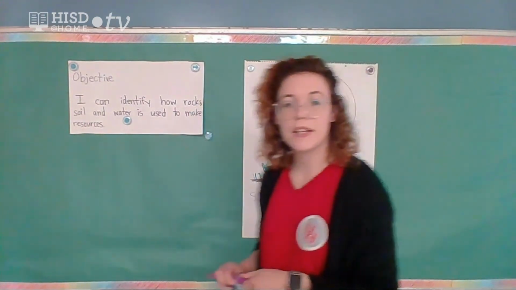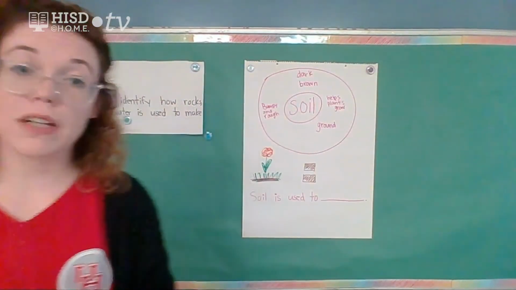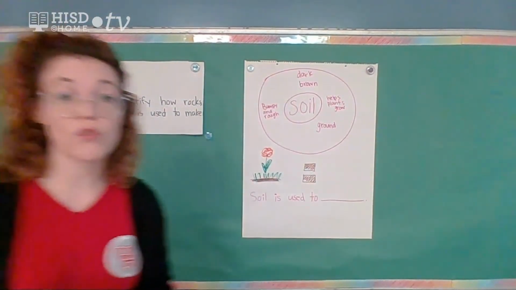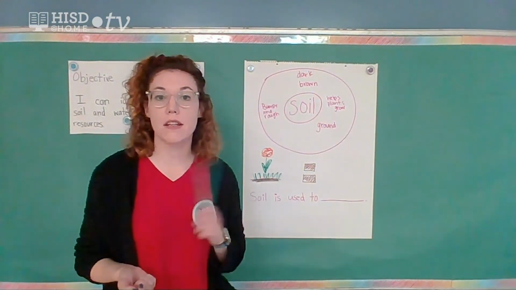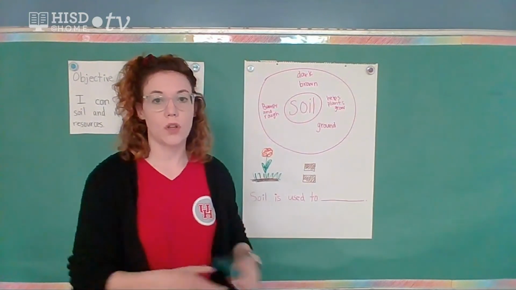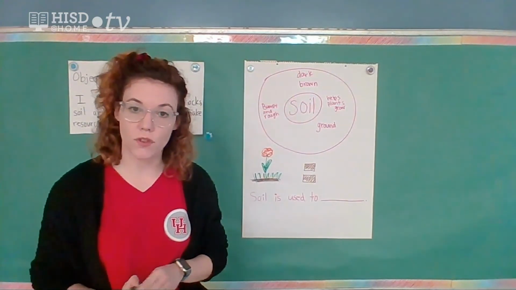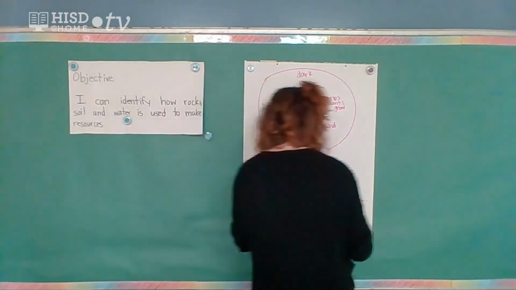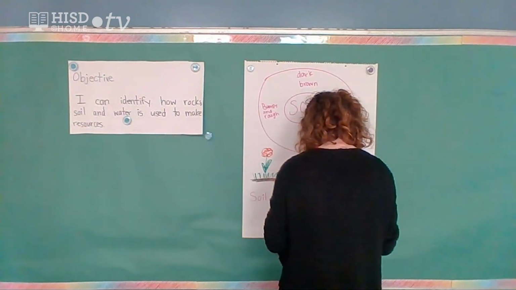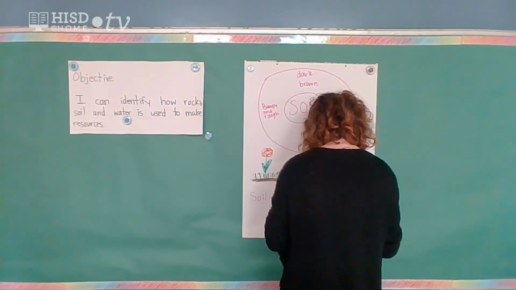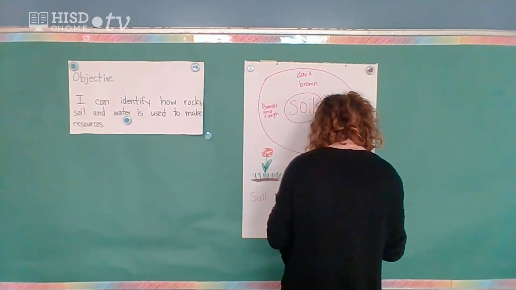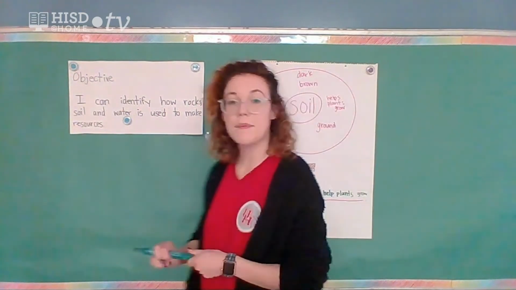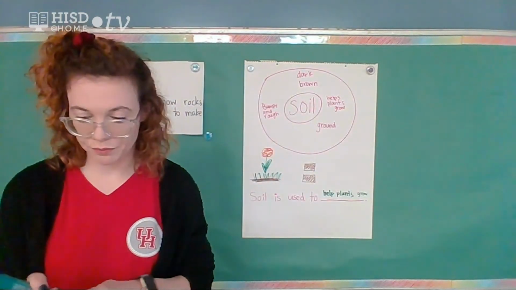I'm going to give you 1 minute to write this down. I'm going to write to help plants grow. You might say to build bricks or anything else you know it might be used for. I'm giving you 1 minute for this.